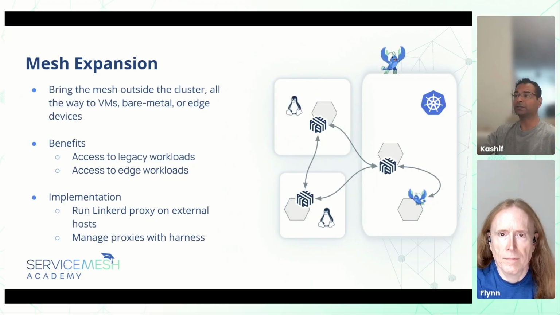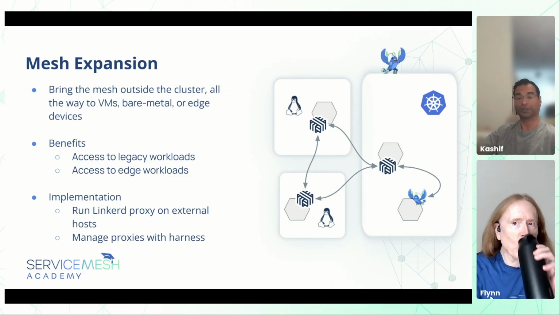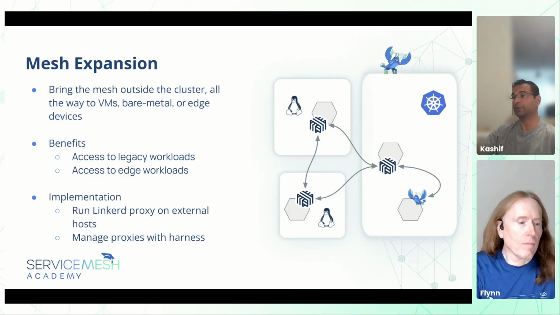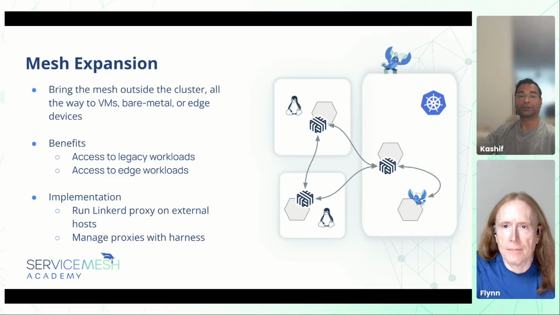And the way it has worked before is the Linkerd proxy runs on the virtual machine or the host system that's being expanded to, along with a harness application which bootstraps several things within the cluster and manages identity, auto registration, and responds to ready probes and things like that to maintain a healthy state between the workloads that are being meshed.